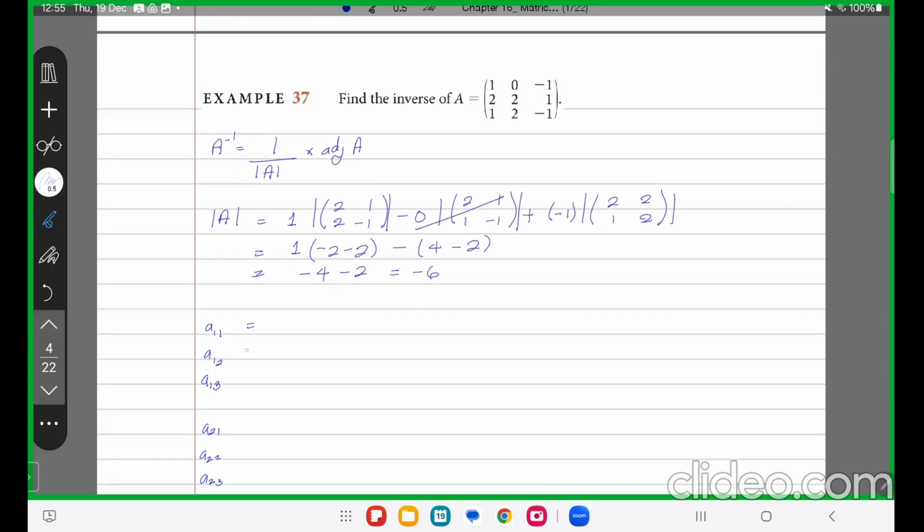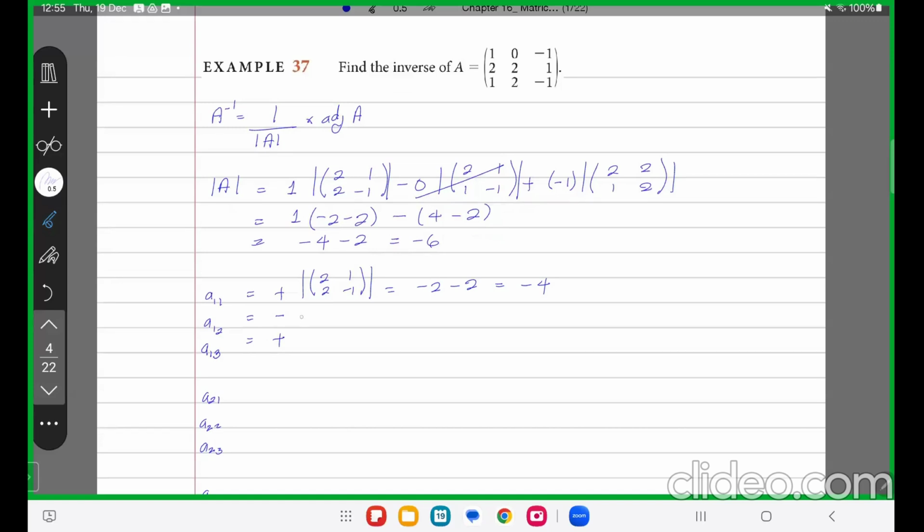All right, so the sign convention, positive, negative, positive. The determinant of 2, 1, 2, minus 1. We ignore the elements in the first row and the first column and find the determinant of the matrix formed by the elements that remain. And so the determinant would be minus 2, which is minus 4.